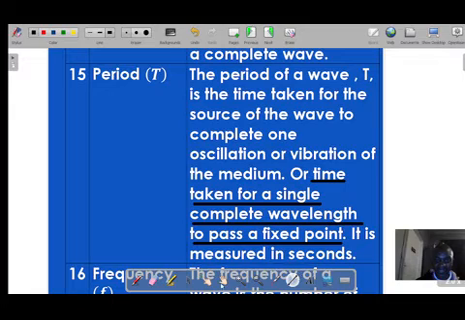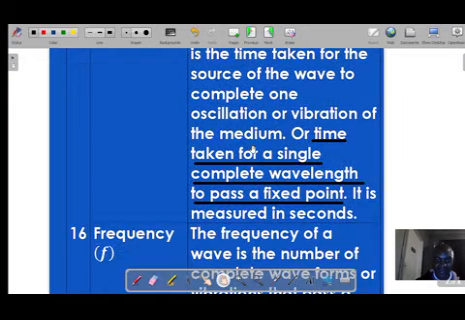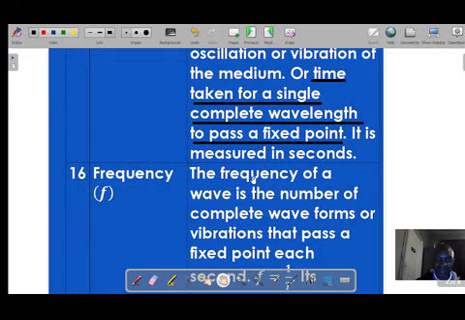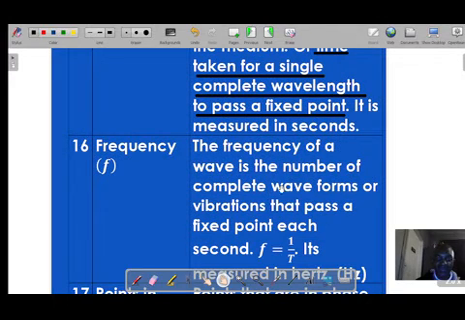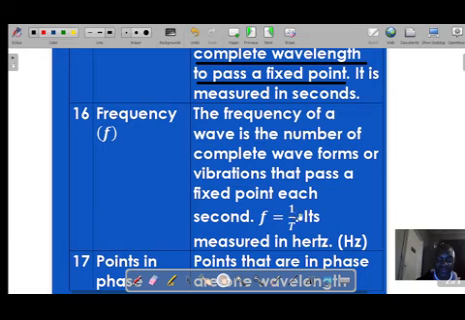Okay, let us proceed. Frequency of a wave is the number of complete waveforms, or you can call them vibrations or oscillations, that pass a fixed point each second. Frequency equals 1 over T, where T is the periodic time, and frequency is measured in hertz, Hz.